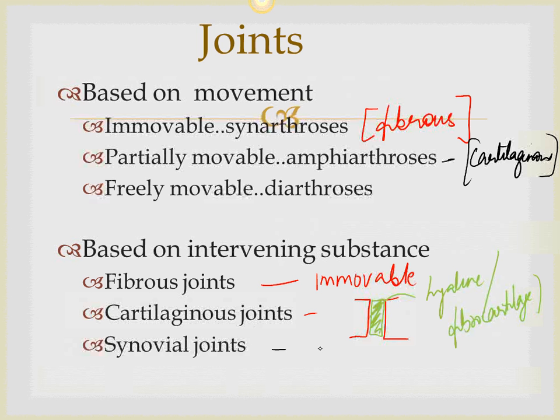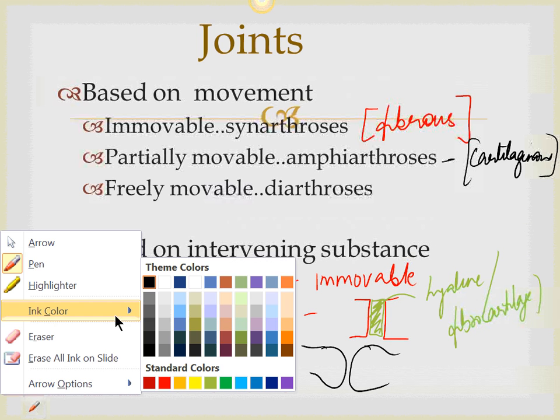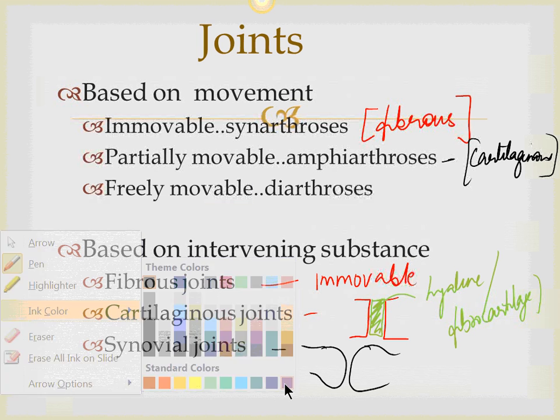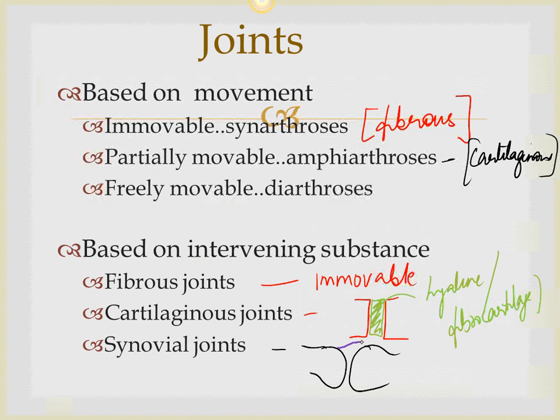So in between two bones, say if this is one bone and this is the other bone here, you have a membrane which produces synovial fluid. So there's fluid present inside the cavity. And these joints, again, are seen to be freely movable. So you can add synovial joints here. Again, there are always exceptions. So we will go over that when we come to it, okay?